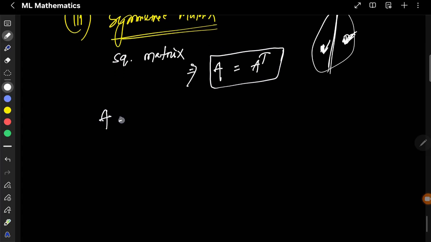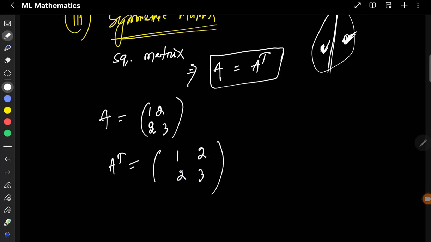If I'm having a matrix, let's say 1 2 2 3, and I'm having a transpose of it, 1 2 2 3, you can see the matrices are actually similar, right? They are both similar. After transpose also it just looks similar, so it is nothing but A is a symmetric matrix.